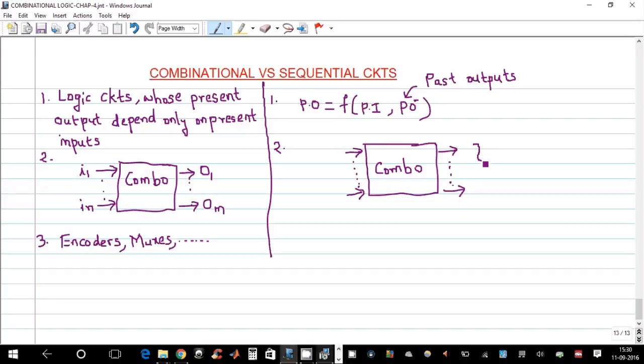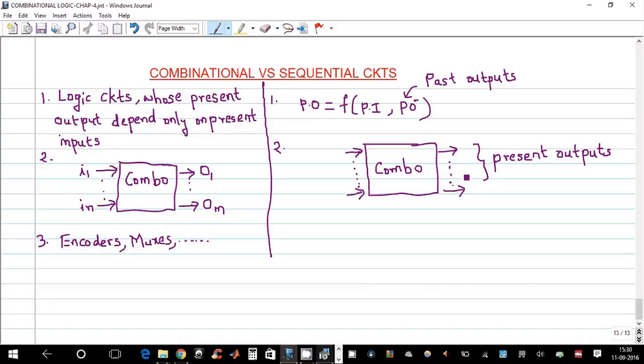Of all these, only some of them are required outputs, or maybe all of them. So I am writing that as the present outputs. As we have mentioned here, it is a function of the present input as well as the past outputs. So these are our present outputs.